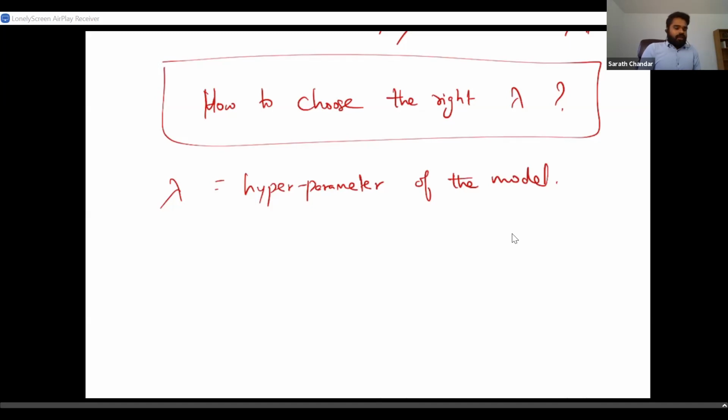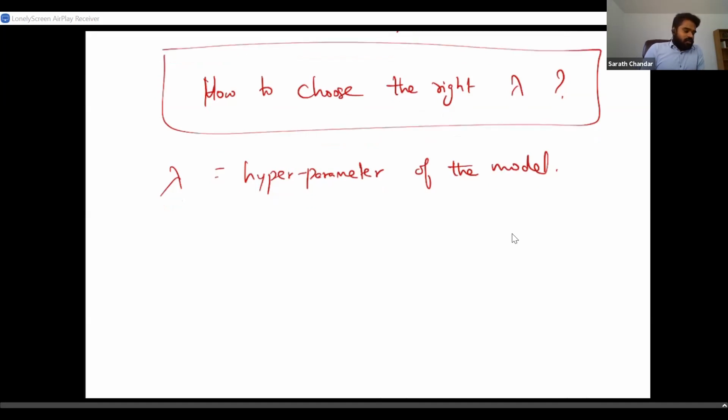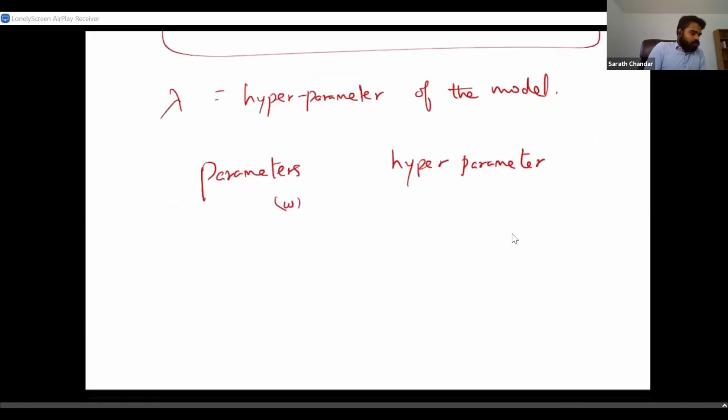So this is a hyperparameter of the model. Now, what is the difference between hyperparameter and parameter? In this case, W is the parameter, and we have the hyperparameter.